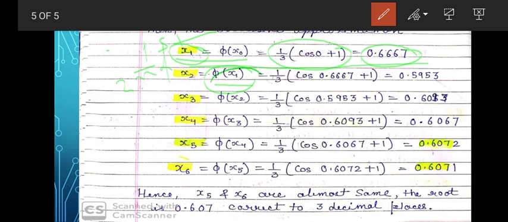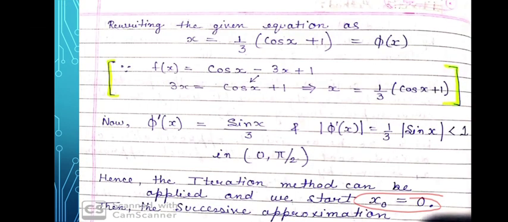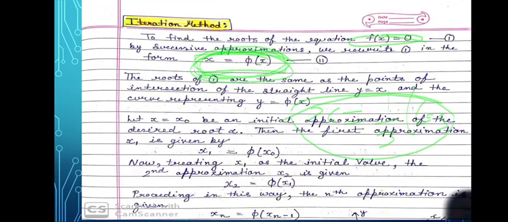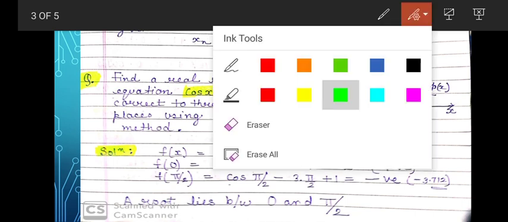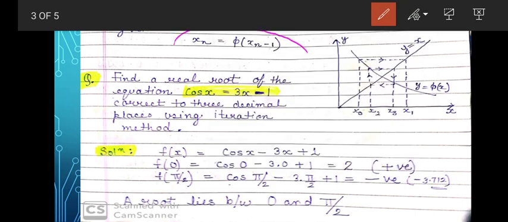Before moving to this formula, I want to explain what I have explained earlier. The formula for xn is xn equal to phi(xn-1). It means if in place of n there is 7, then here it will be phi(x6). So always this one is 1 greater than that one.